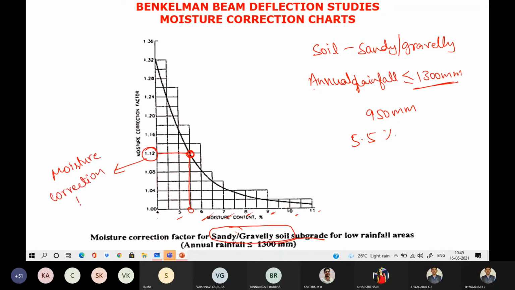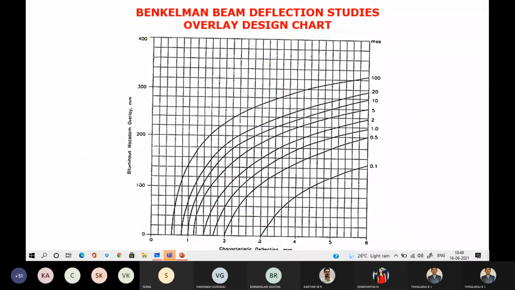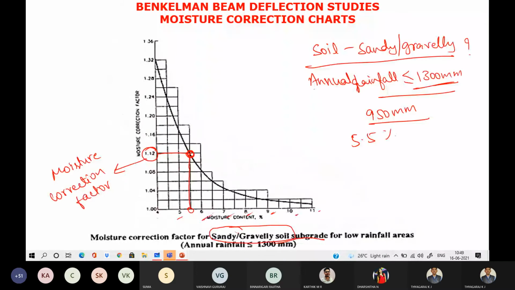Understood how to read this value? Yes, sir. First you have to check what type of soil, then the rainfall, and go through that graph. There are many graphs, so using these you obtain the moisture correction. Is it understood?